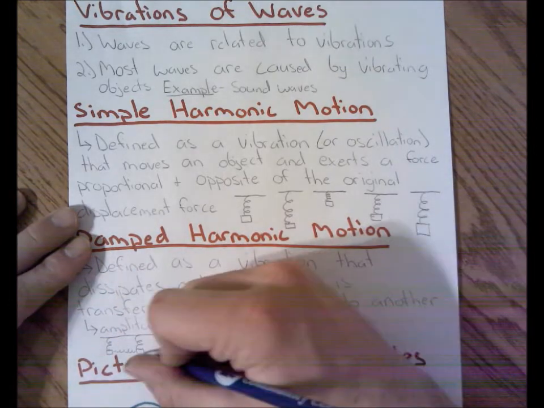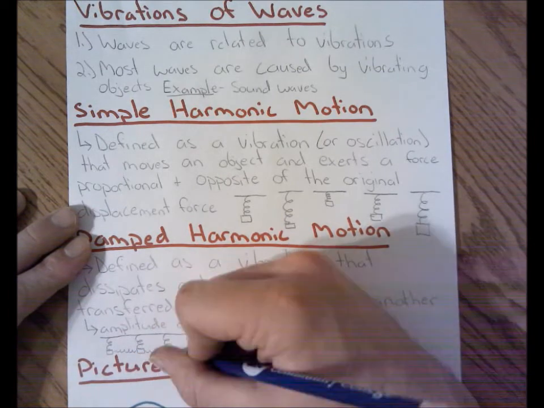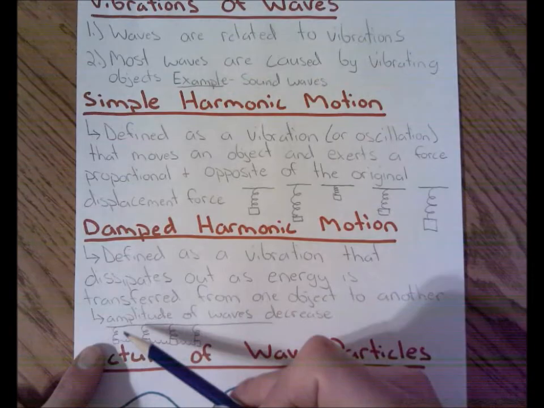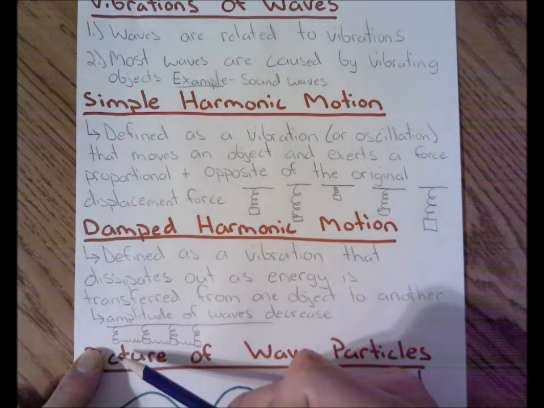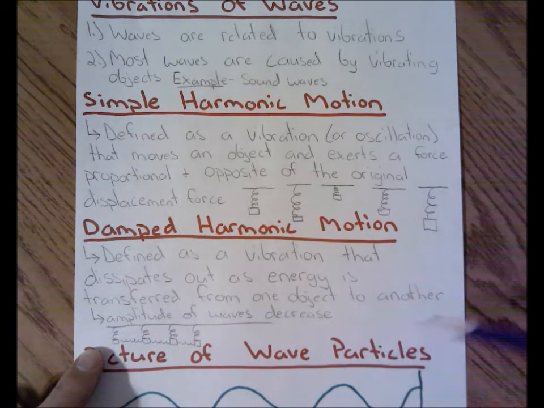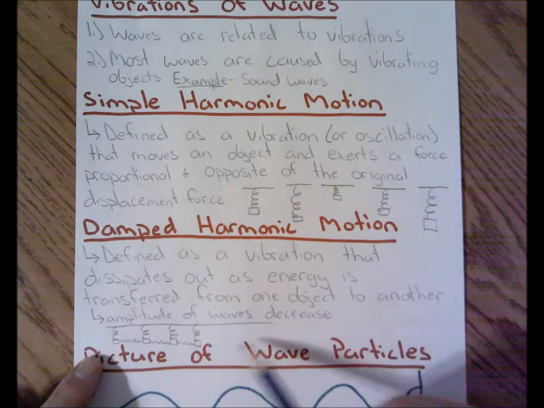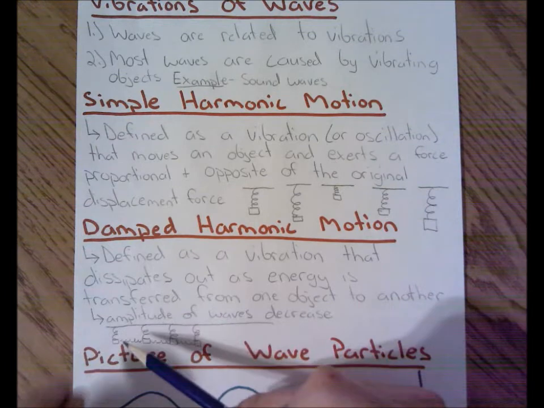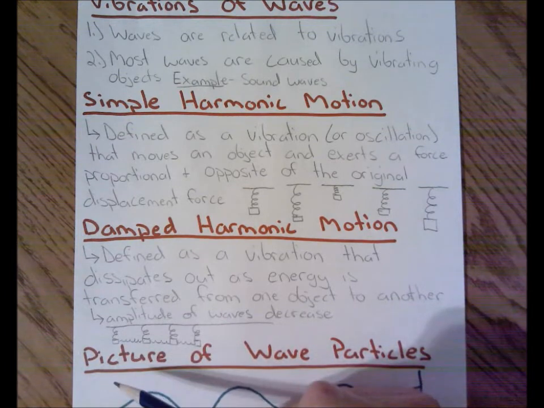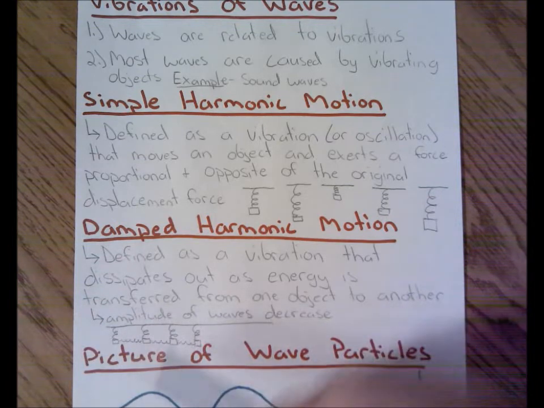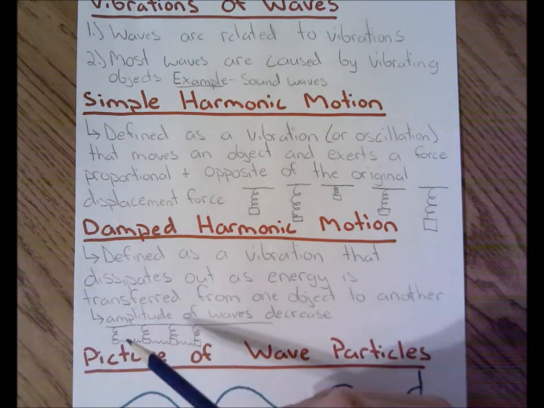And so what happens is as I pull this weight down, originally as I let it go, it went up and down and up and down. But now, because these things are connected together, as I pull down on this first weight and I let it go, some of that energy is transferred not just up and down to make this first spring go up and down, but also in this connected spring.